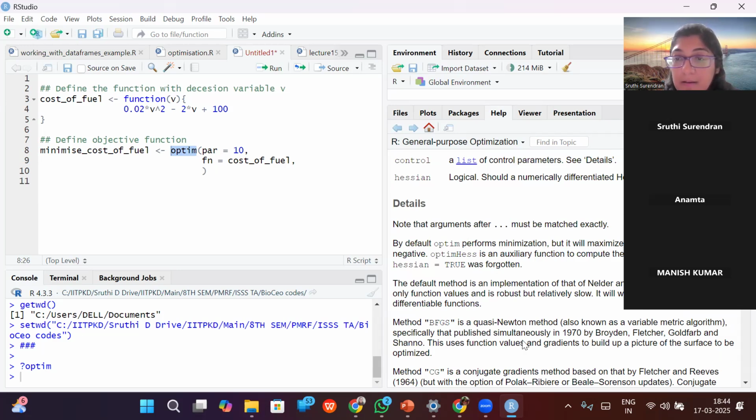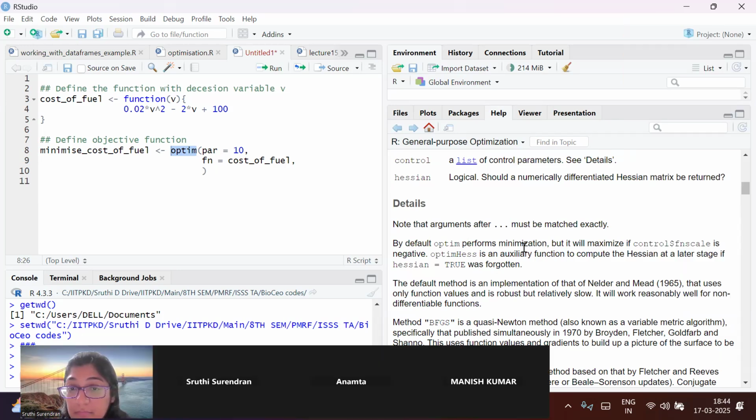The default method is a method of Nelder and Mead that uses only function values and is robust but slow. So you can't apply any constraint for this method that is utilized in this optimizer.